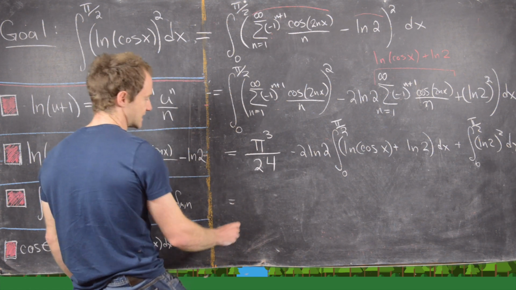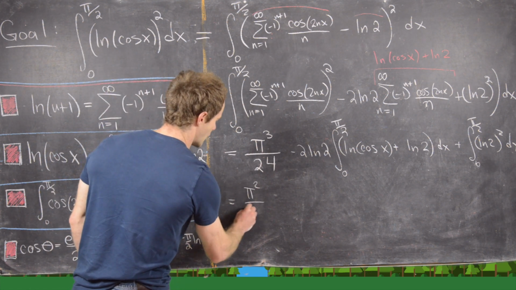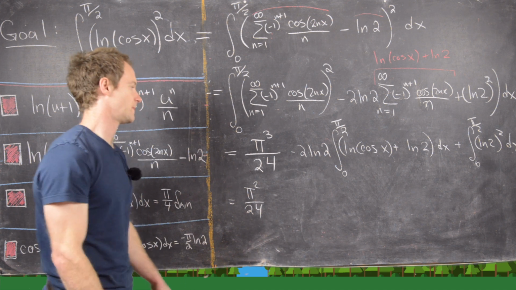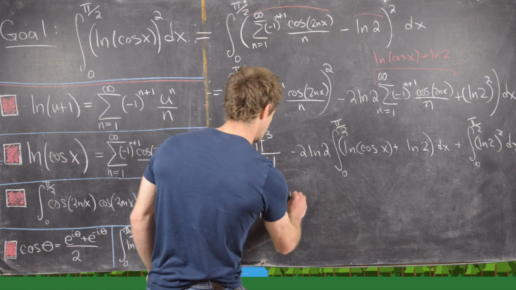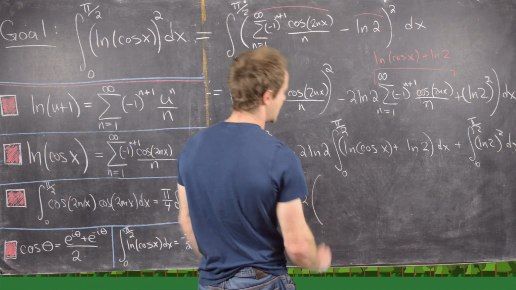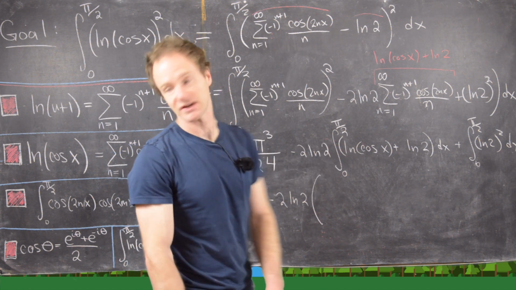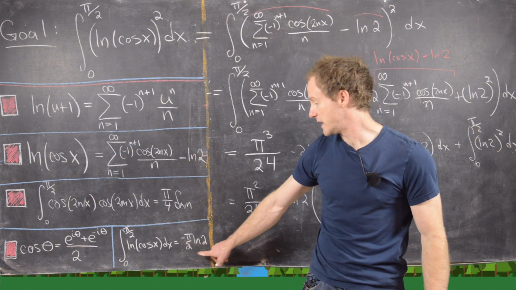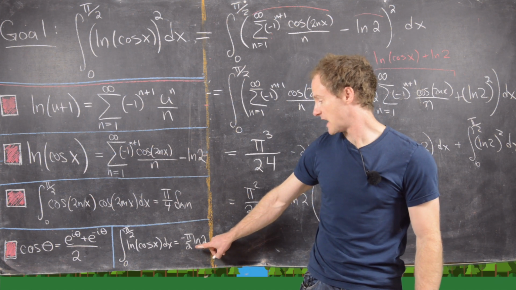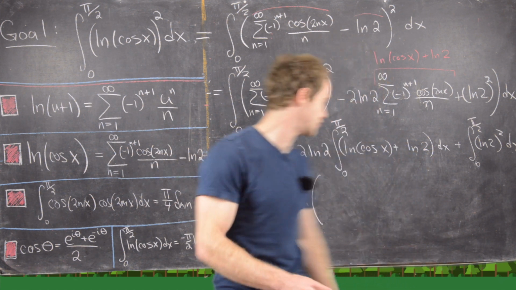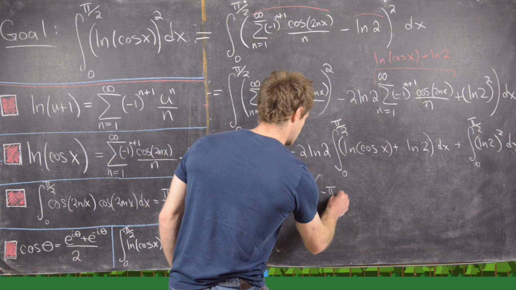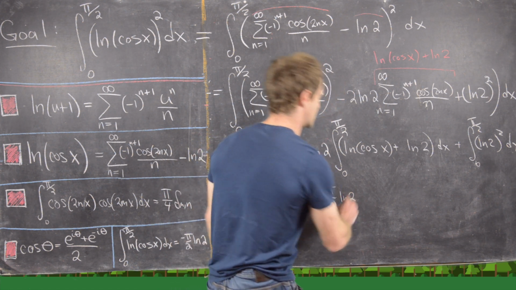So this is going to give us pi cubed over 24 minus 2 natural log of 2. And now notice that the integral from 0 to pi over 2 of natural log of cosine of x, we did that in a previous video, and that's going to be minus pi over 2 natural log of 2. Good.